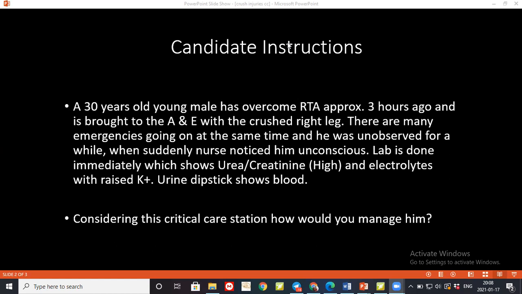Management is according to the ABCDE protocol. Then give fluids and diuretics. Also give calcium gluconate to stabilize the heart, then give insulin and glucose to promote potassium inflow into the cell. Then we can also give salbutamol to help reduce the potassium level in the blood.